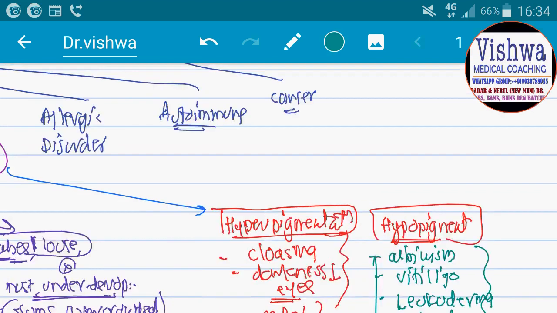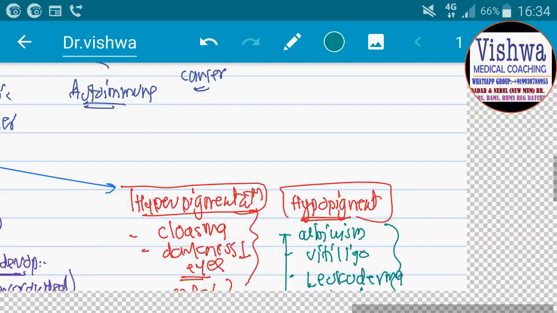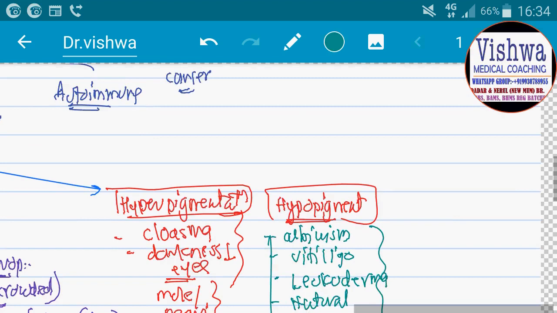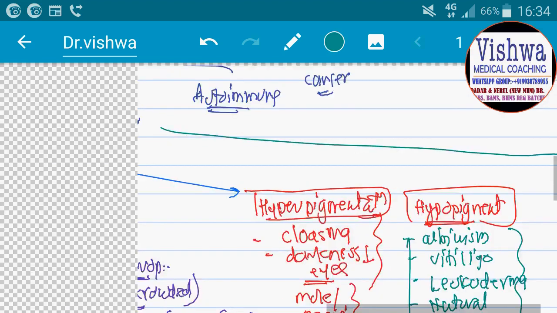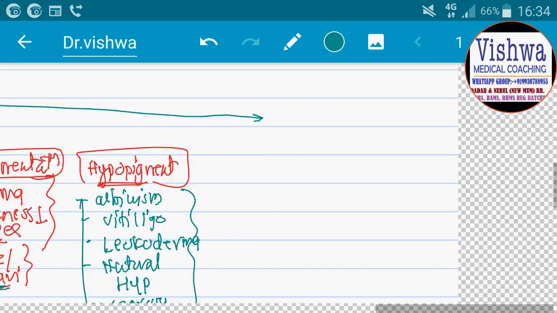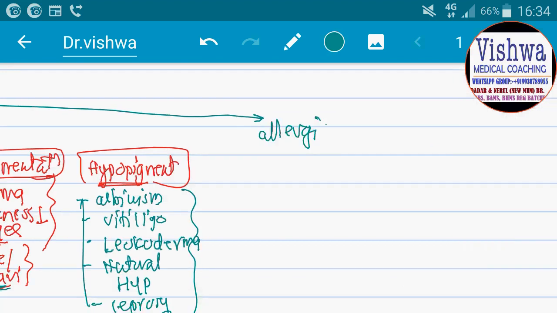Then we have, of course, the paper going more horizontally. Let's say it here. We have allergic disorders. Allergic, in the sense, this is what is producing allergy because of something.